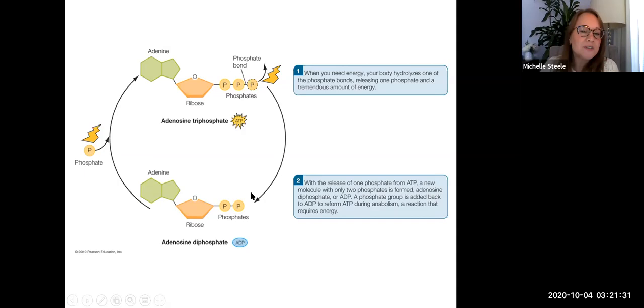What do I have left? Well, I have ADP, adenosine diphosphate. So with the release of that 1 phosphate from ATP, now I have this new molecule of ADP that's been formed, and I can add a phosphate group back to that ADP to reform ATP.